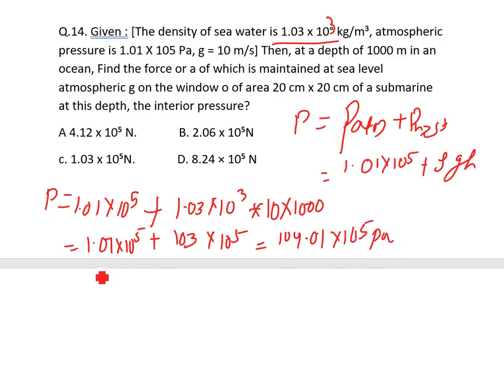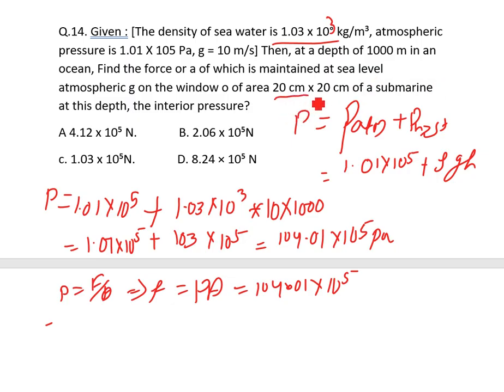As you know, pressure equals force by area, so force is equal to pressure into area. I multiply pressure, 104.01 into 10 to the power 5, by the area, which is given as 20 centimeter into 20 centimeter.